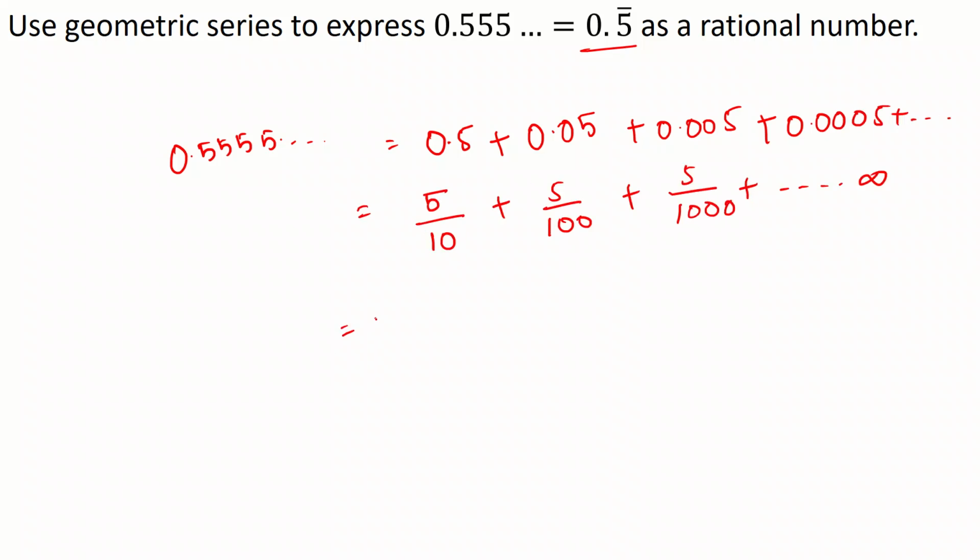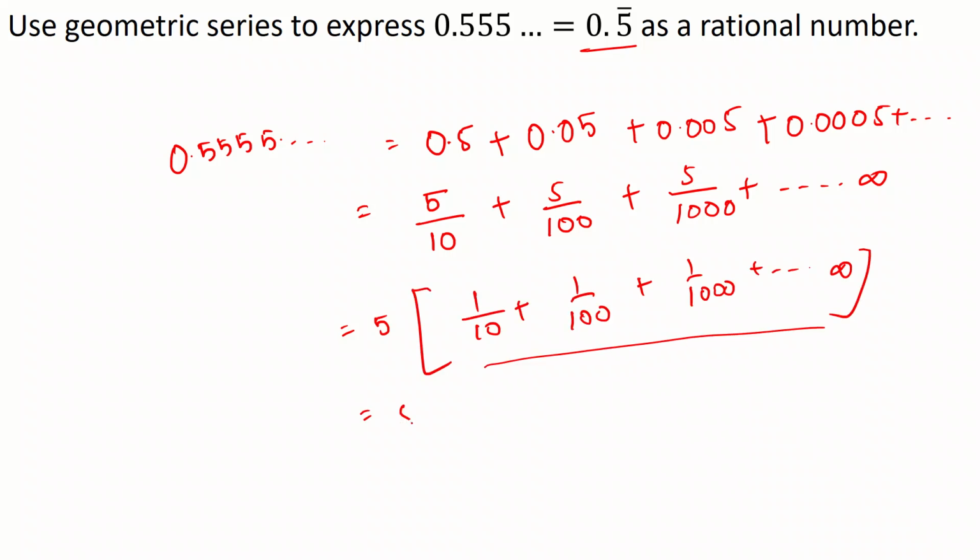Now I can take 5 common, or if you don't want to, that's okay. So 1/10 plus 1/100 plus 1/1000 plus so on till infinity, and now this thing is a GP. So an infinite GP, so we can apply the formula a, which is the first term, divided by 1 minus r. So 1/100 divided by 1/10 gives me r as 1/10.